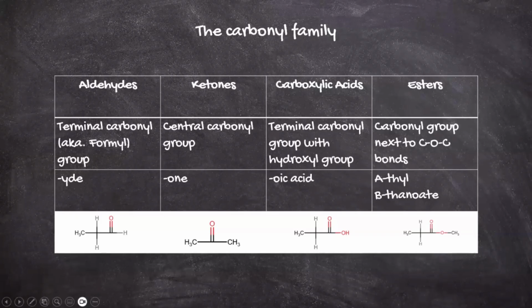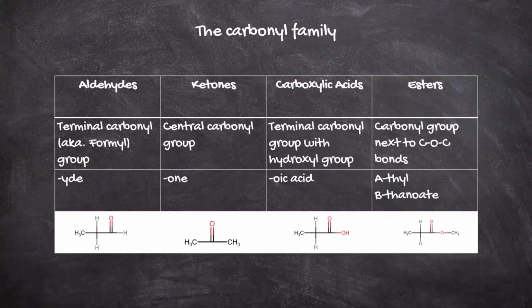So, esters, you have that oxygen bridge to another carbon backbone. And when we name them, now this is where the slightly trickier part of naming comes in, is that they sort of take a double barrel name. They will be, for example, methyl methanoate, depending on which backbone had the carboxyl group and which backbone had the alcohol group.